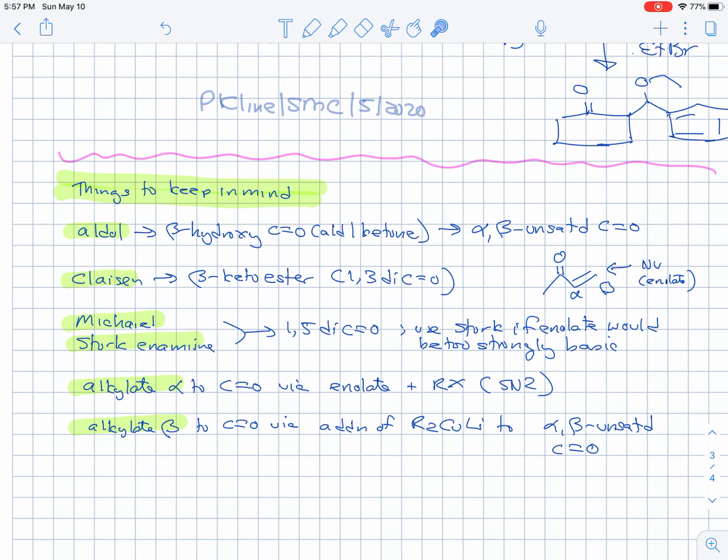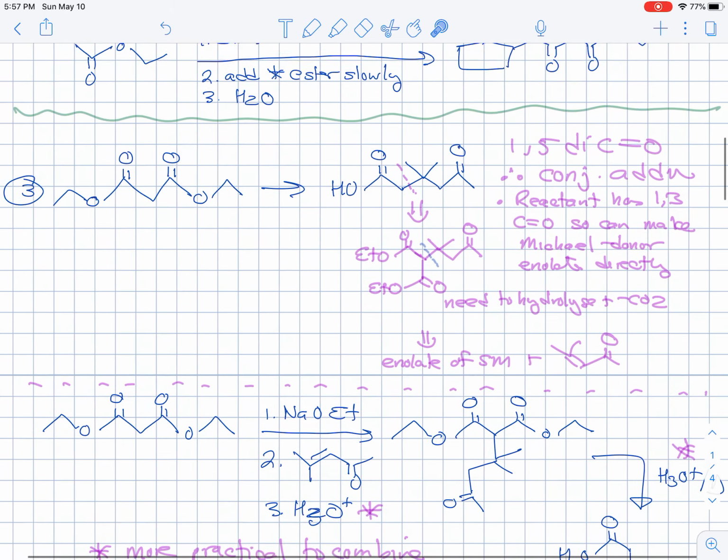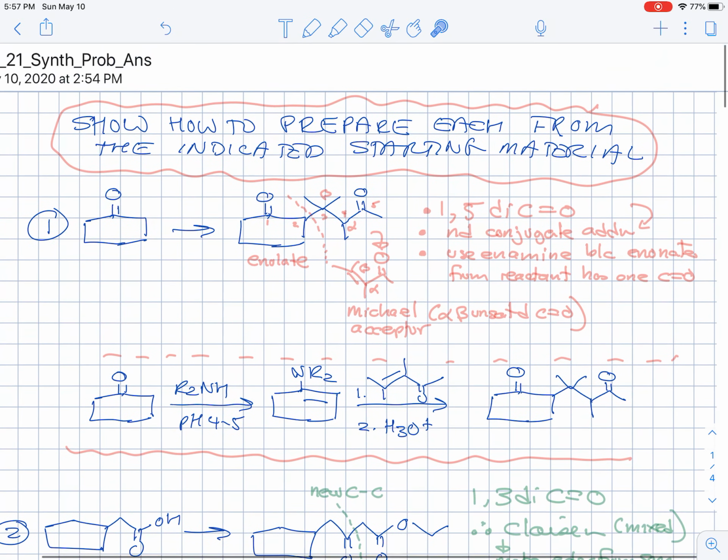And so now we'll go back up to the top and start working through the problems. Right. So in this first one, we have cyclohexanone, an ordinary ketone, and we need to make this product out of it. So some things you're going to notice. First of all, it's pretty clear which part of the product came from the starting material.